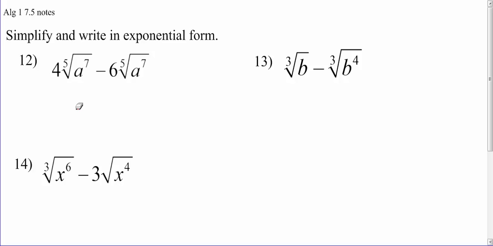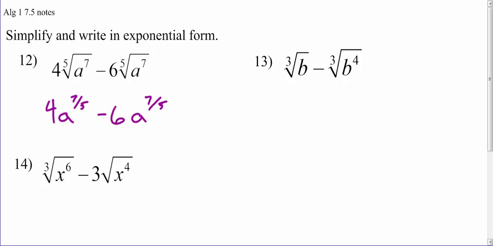This time we're starting in radical and changing it to exponential. So on number 12, I want to actually simplify by changing these things into exponential form first. I think that's an easier way to do it. And I know this is a to the 7/5 power, which fortunately is exactly the same as the a to the 7/5 on the second term.